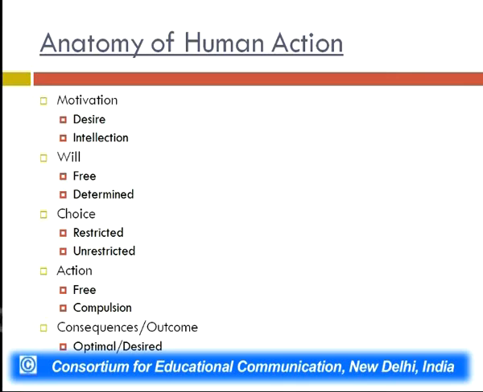Another process that is many times involved as a part of the motivation factor in action is intellection. At times, if we so train ourselves, we are not propelled by our immediate desires.